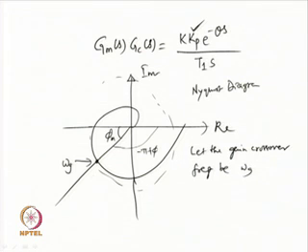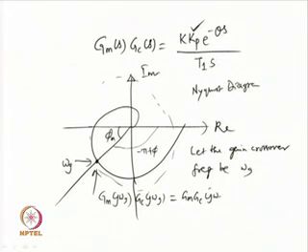So, let the gain crossover frequency be omega g. Then the loop at this gain crossover frequency has a gain of Gm(j omega g) times Gc(j omega g), which can also be written as Gm Gc(j omega g). Okay. So, the magnitude of Gm Gc(j omega g) will be 1, and the phase angle will be how much? Minus pi plus phi m, when the plant is subjected to a phase margin of angle phi m.